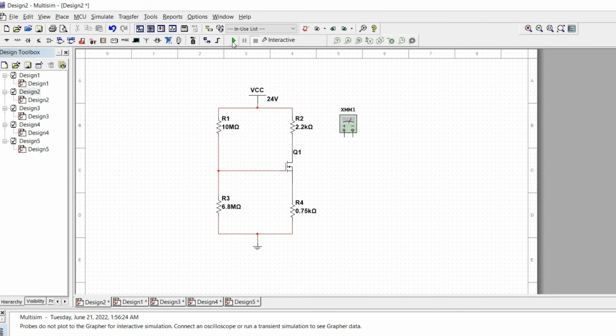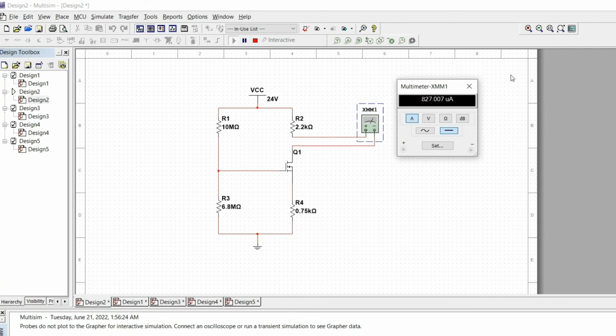Okay, to find IDQ, we need to connect the multimeter in series. Okay, run. Okay, this is IDQ. Okay, next my friend will continue.